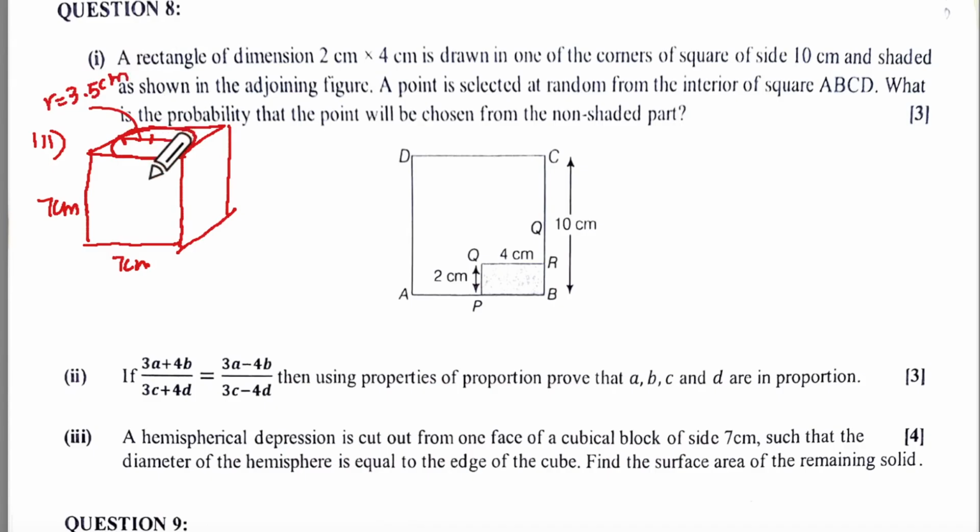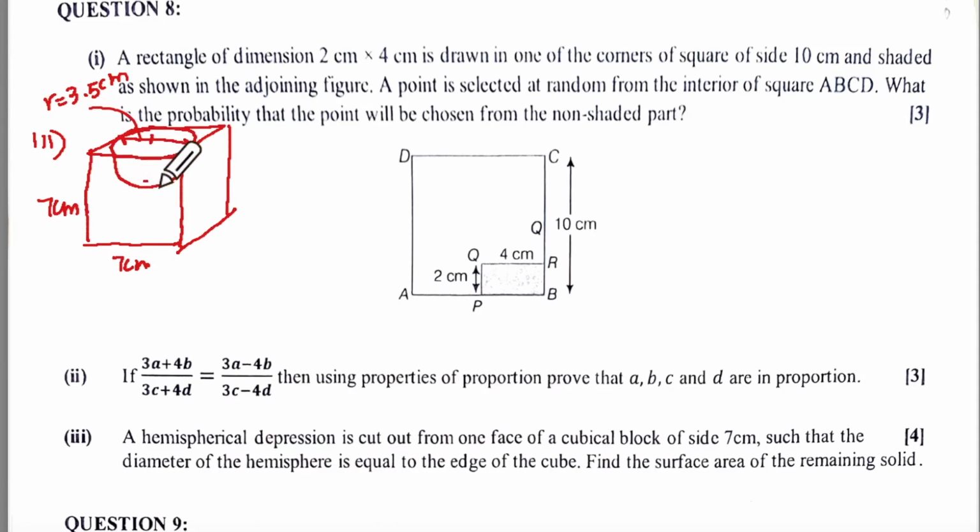And from here I will have 3.5 and it will be a space cut out from here. Understood up to here? Now find the surface area of the remaining solid. Now remember the cube has 6 surfaces, but from the top surface this circle pi r square has been removed. Did you understand this part?